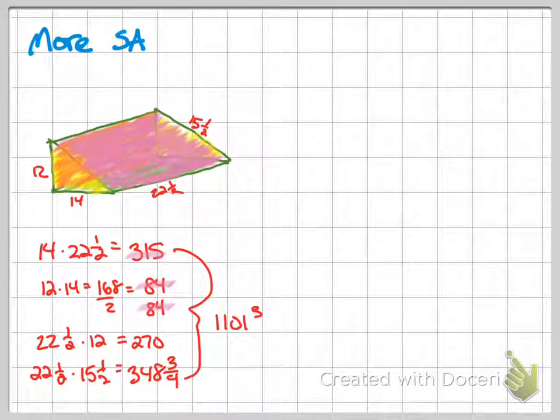The back wall has the numbers of 22 and a half times 12, which gave me 270. And the pink one that you see, or purple, that's that slant. That's 22 and a half times 15 and a half, which gave me 348 and 3/4, combining with a final answer of 1,001 units squared.